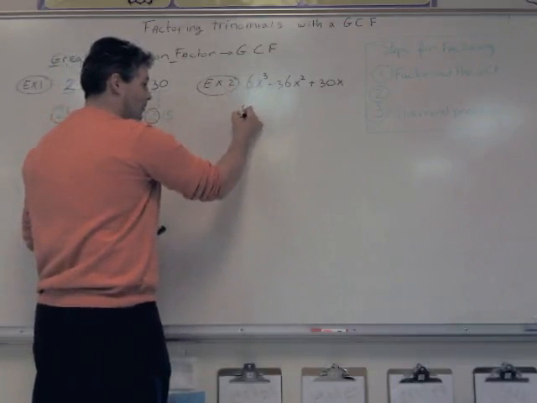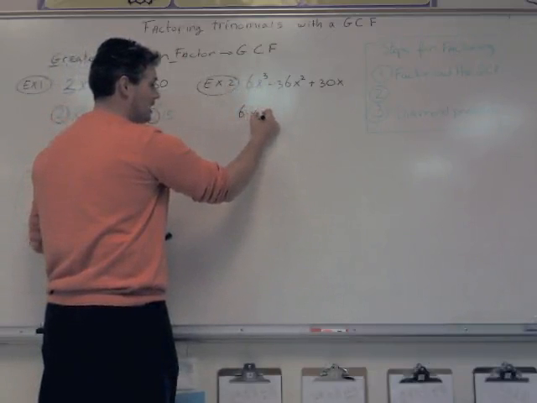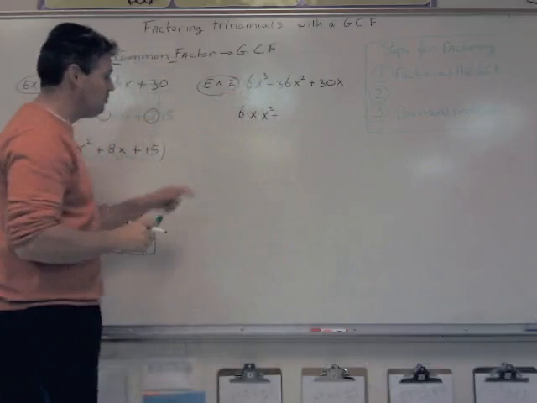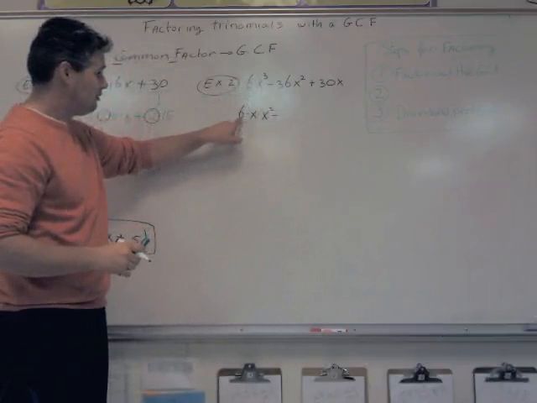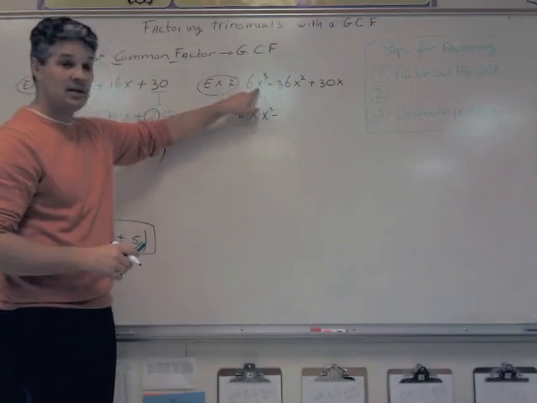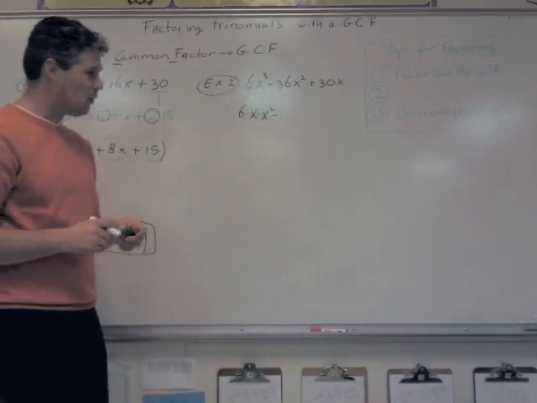I'm going to write this as a product of 6 times x squared. That's the first term, because x times x squared is x cubed. So this term is exactly the same as the first one, I just rewrote it.